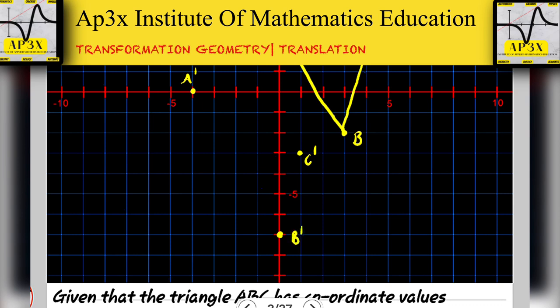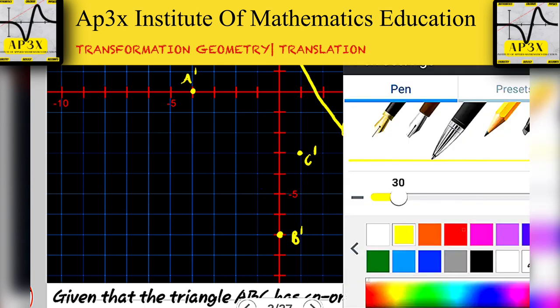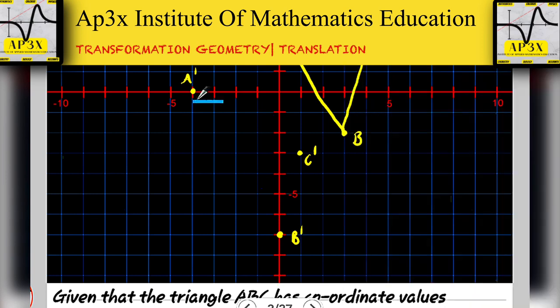Now I'm going to go ahead and connect each of these. I'm going to use blue, and I'm going to connect A prime here with C prime. I think that's not straight enough, guys. It's a much better line.